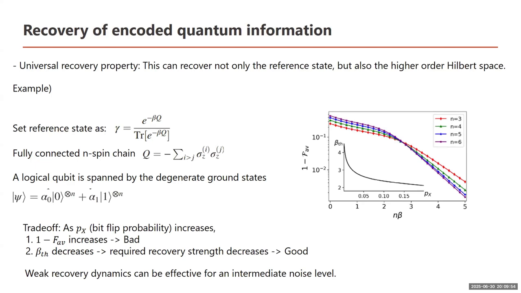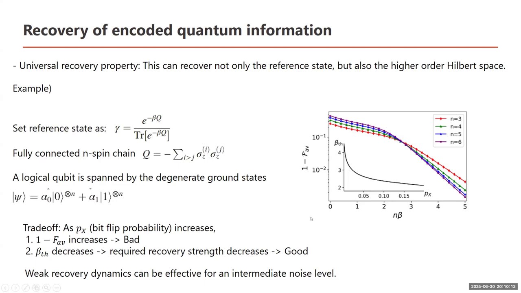So the result is shown on the right. In the plot on the right, you can see px. The px is the probability of the bit flip noise, and we will investigate how the recovery works.